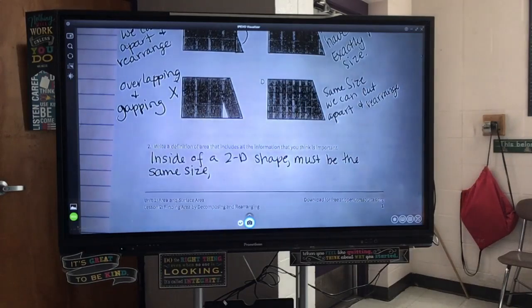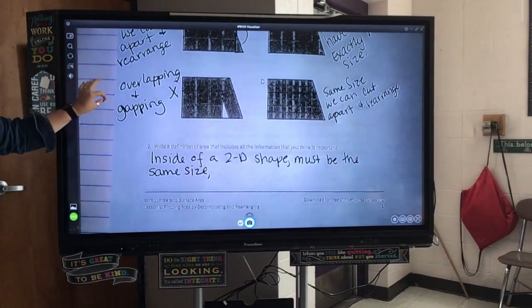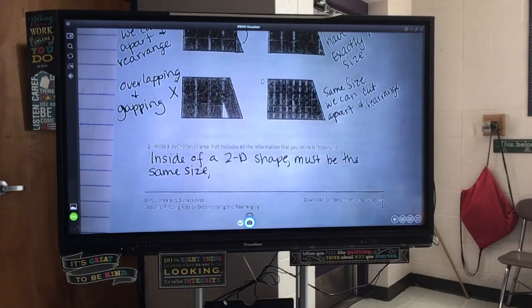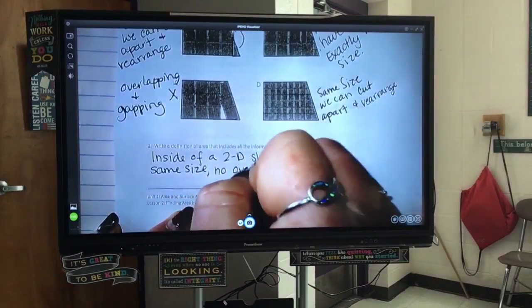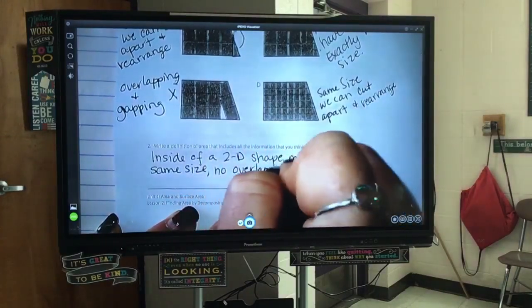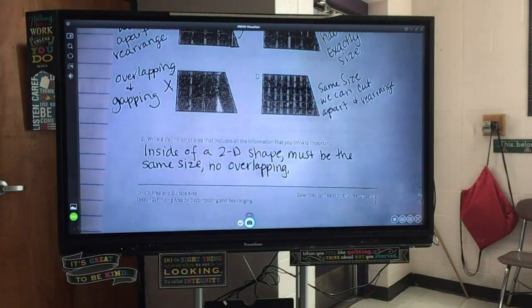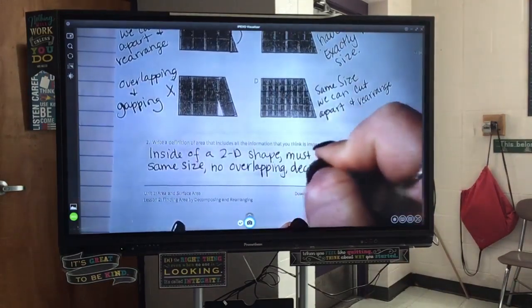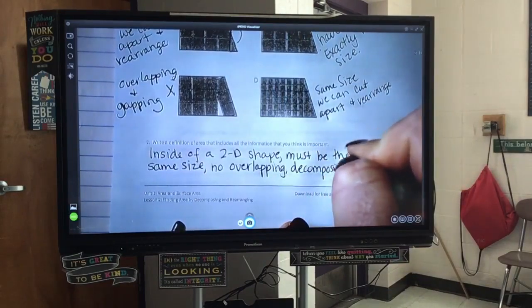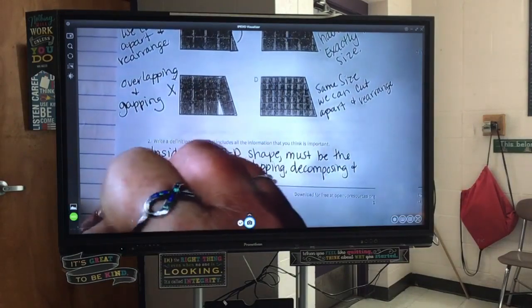I'm also asking you to maybe add some of this information in right there. I need some new friends. I'm tired of talking to the same ones. Yes, the units can't overlap. Okay. All right, what else? Ava. We can rearrange. So decomposing and rearranging.